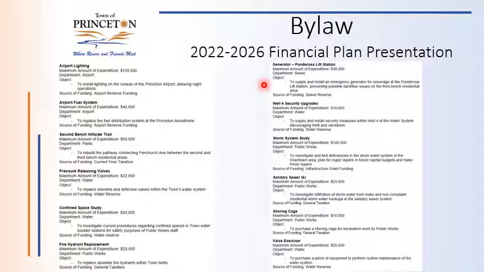Ponderosa lift station generator. So it supplies and installs an emergency generator at the Ponderosa lift station, preventing possible backflow issues. So we do want the sewage from the third bench area to flow down toward the sewer lagoons and not go the other way, for obvious reasons. There's a little bit of a dip that the sewage has to go through before it lifts back over and heads towards second bench.